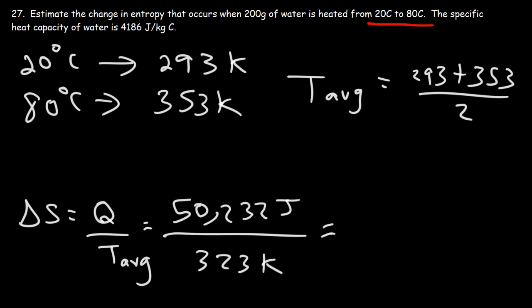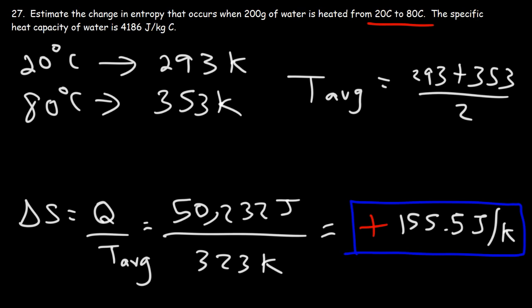So let's go ahead and divide those two numbers. So this is going to be positive 155.5 joules per Kelvin. So that's the change in entropy that occurs when 200 grams of water is heated from 20 degrees Celsius to 80 degrees Celsius.